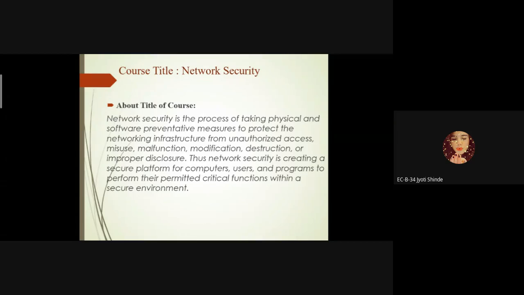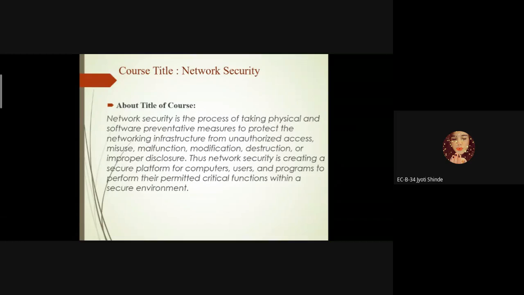We can call it societal security. So the word security can be used in many places. But now we have to study security related to networks. So what is security and what is network security?